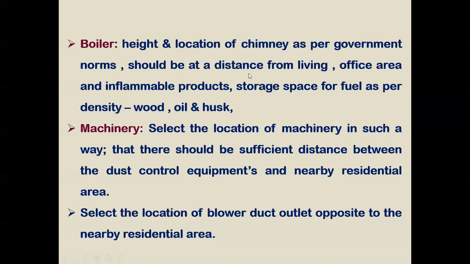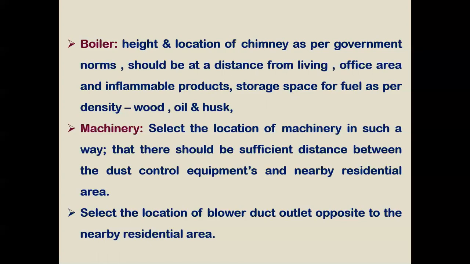So the boiler is essential in case of the pelleting unit, for production of steam or mixing of the material before pelleting. The height and location of the chimney should be made as per government norms, to reduce environmental pollution, and distance should be there because sometimes the boiler unit may burst, so high population density is not allowed in that area, and it should be away from the office area.